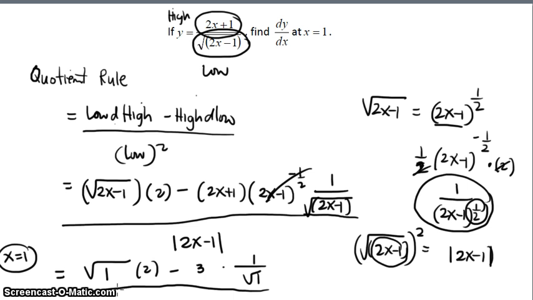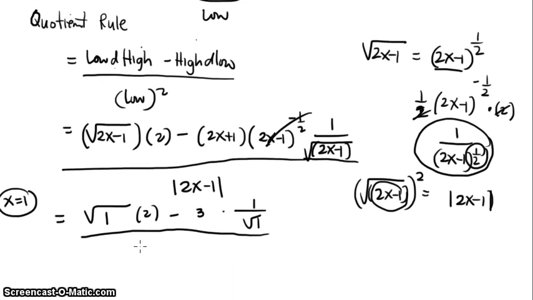So you have the absolute value of 2 times 1 minus 1. So this is the absolute value of 1.